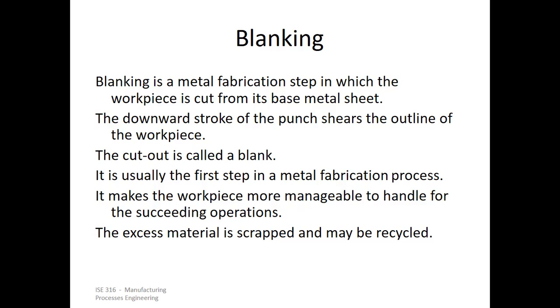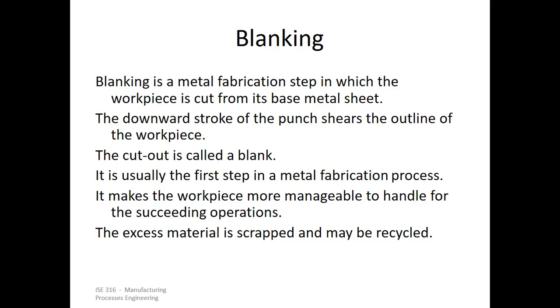The outer profile of the punch will contact the outline of the workpiece, right? Where the punch contacts the sheet metal, the outer profile that is formed is the outline, as we call it. So the cutout is a blank, as we know.